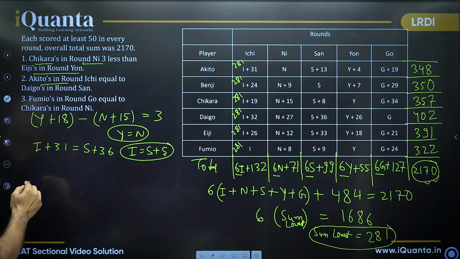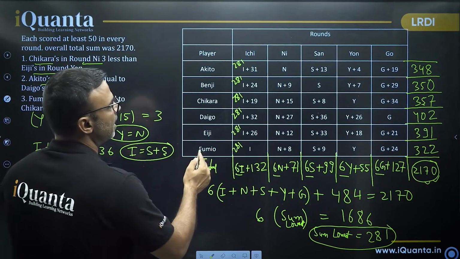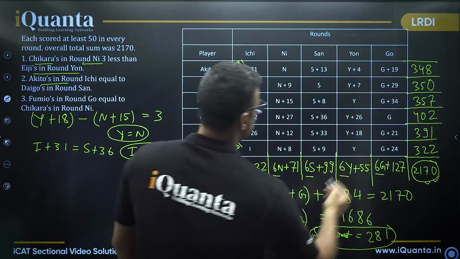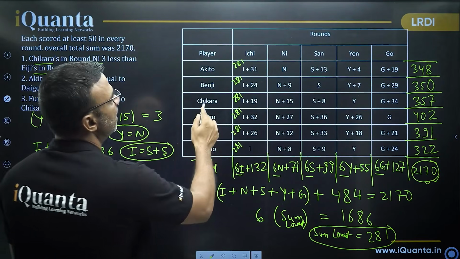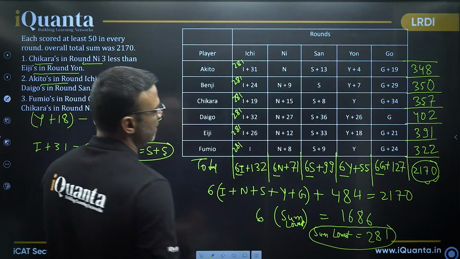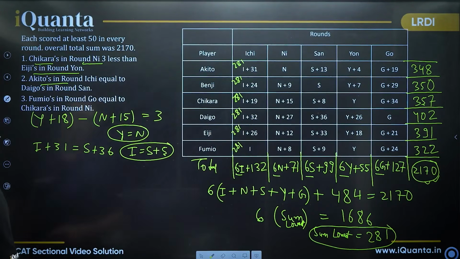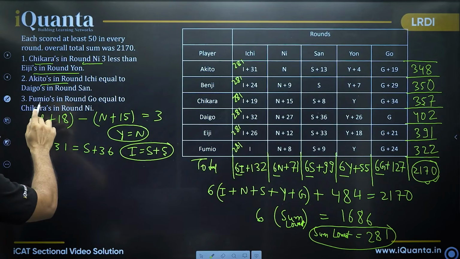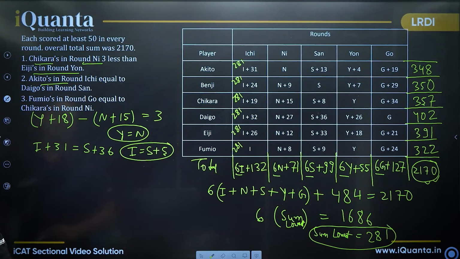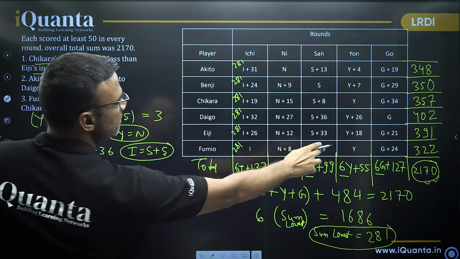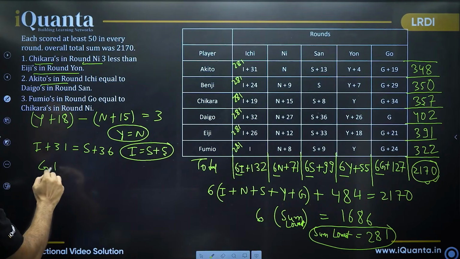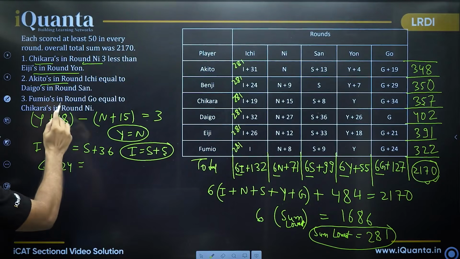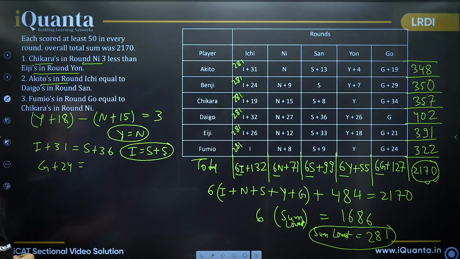Fumio's round Go. Fumio in round Go is G plus 24, which is equal to Chikara in round Ni.